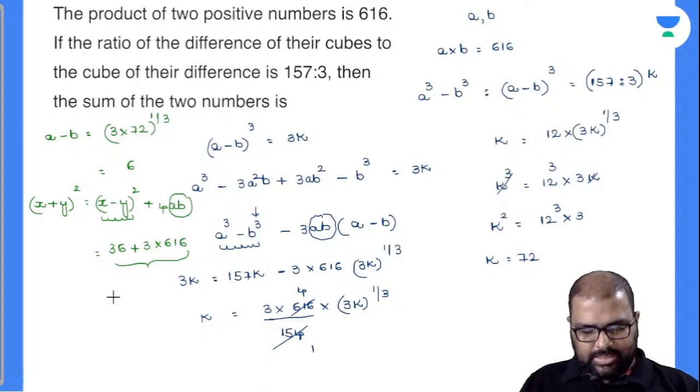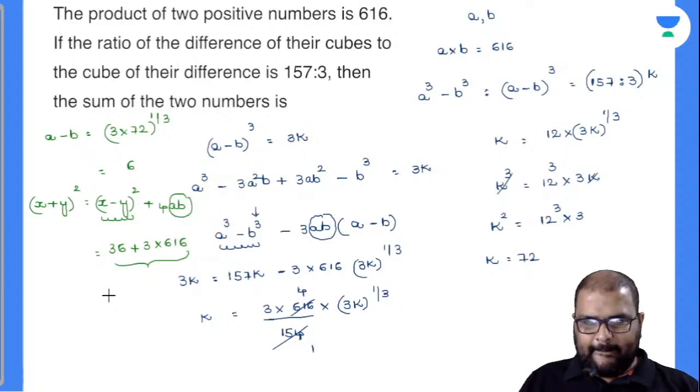3 into 616 plus 6 square. Did I miss out anything there? It is 4, not 3.